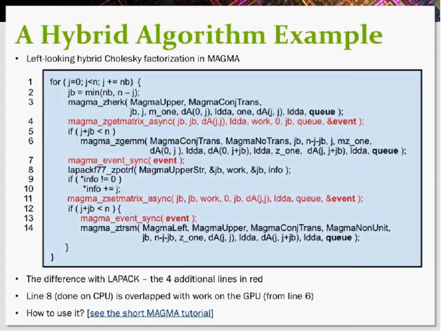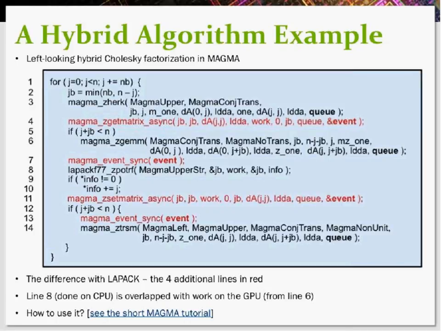We make sure that the GPU has received it on line 13, and the GPU continues with its execution with that data. So just simply, in this case, with a static schedule, you get the very high performance that I illustrated before.